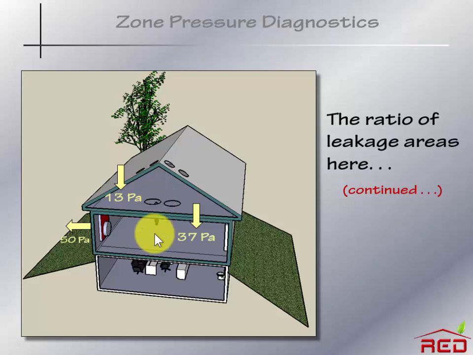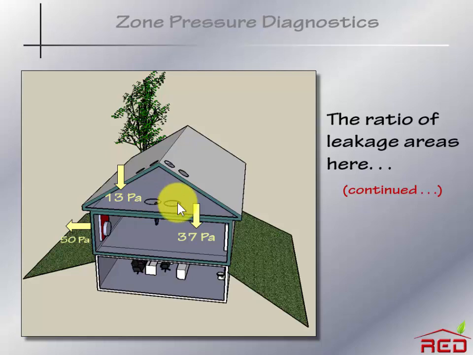And what I've done is put some holes in this attic floor, and there are 2 holes here, and there are twice as many, or 4 holes in the roof. In other words, we have twice the amount of leakage in the roof as we do in the attic floor.